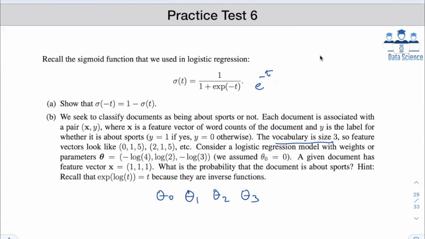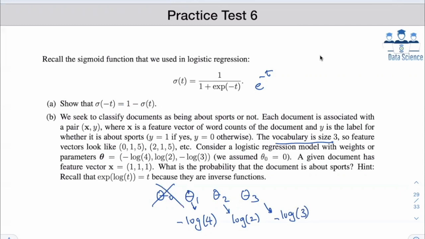Also, here we assume that theta 0 is equal to 0. That's the bias term. Theta 1 is found to be negative log of 4, theta 2 is log of 2, and theta 3 is negative log of 3. So we solve this problem and find these coefficients, or these parameters.